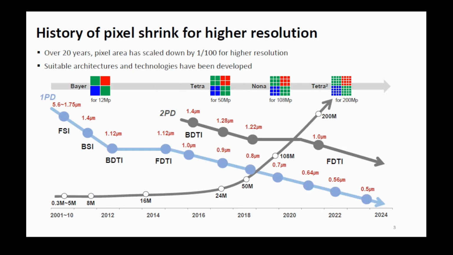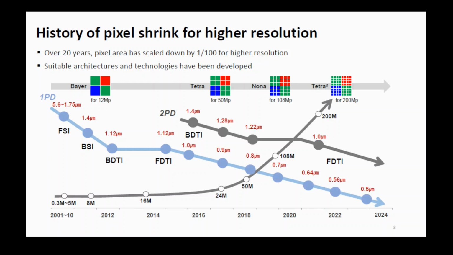We developed the CIS, CMOS image sensor, from the early 2001, and already more than 20 years have passed.